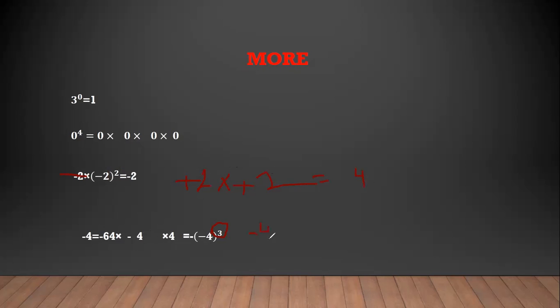Negative 4 times negative 4 times negative 4. Negative 4 times negative 4 is equal to 16, since negative and negative will be a positive number.